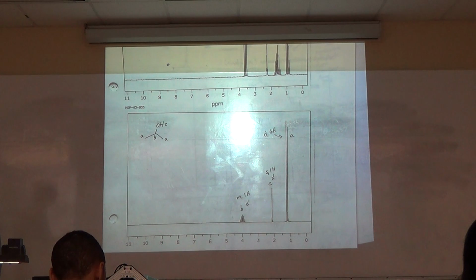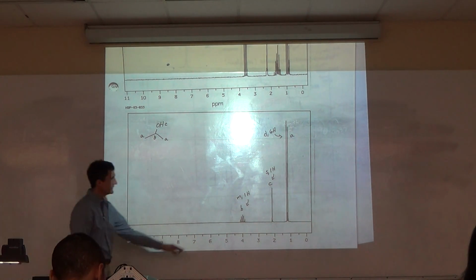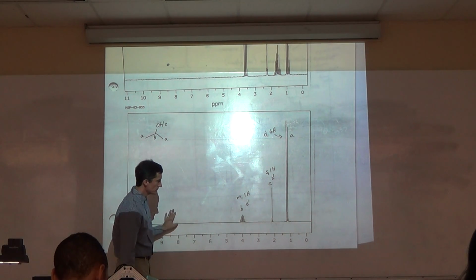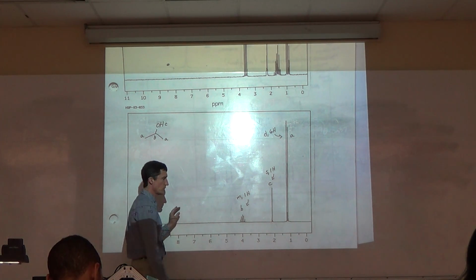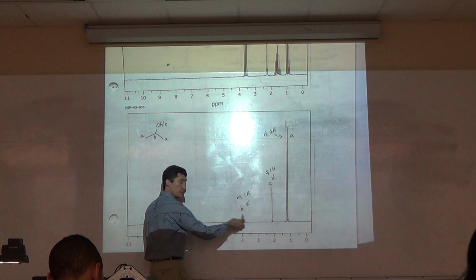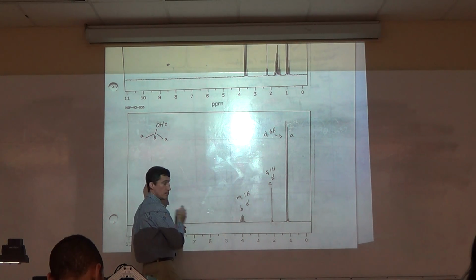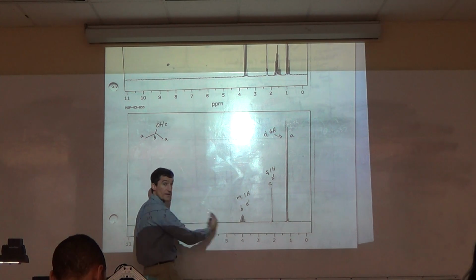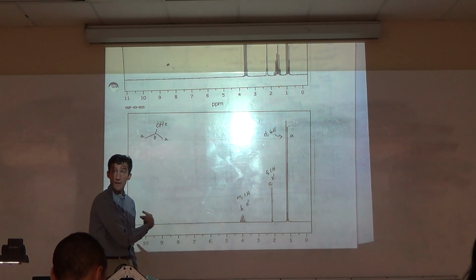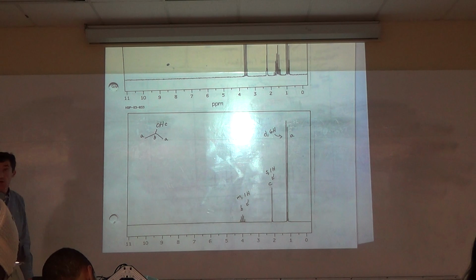Once we get more into it, you can come back and look at why it's a multiplet. We'll learn about that. We'll also learn why this signal is more to the left. By the way, we don't usually call it more to the left. Usually we say more downfield. So we're going to have terminology we can use to talk about our spectrum.